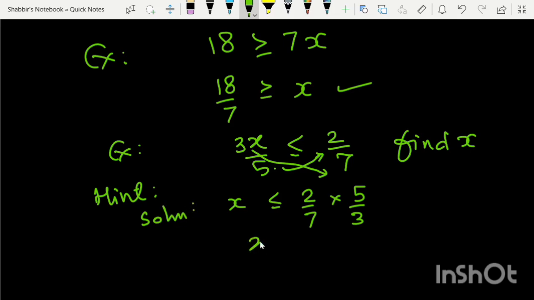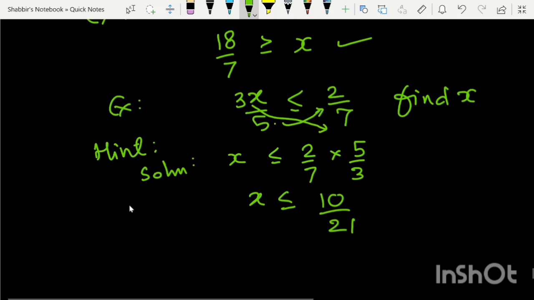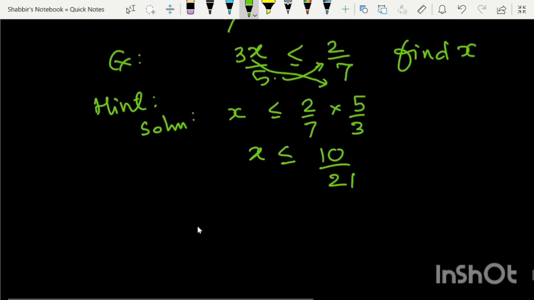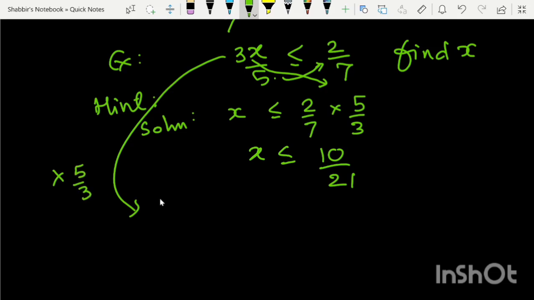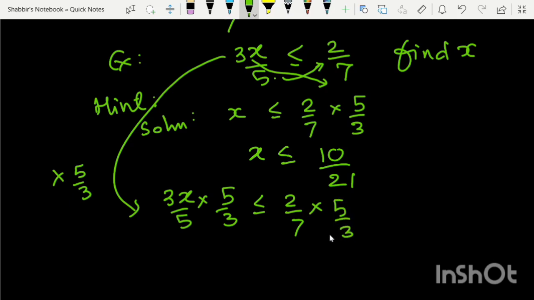So x less than or equal to 2 fives are 10, 7 threes are 21. We can write it like this. Or if you want to do it by the property, we have to multiply by what? To remove the coefficient 3 by 5, we have to multiply both sides by 5 by 3. So again, if you multiply by 5 by 3, 2 by 7 into 5 by 3, this 3 and 3 and 5 and 5 get cancelled.